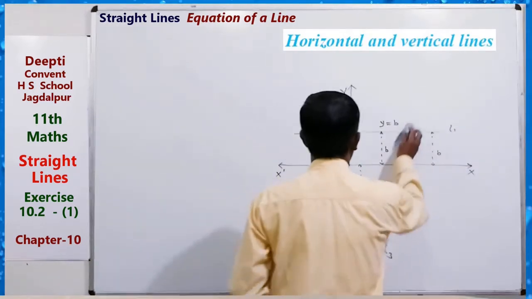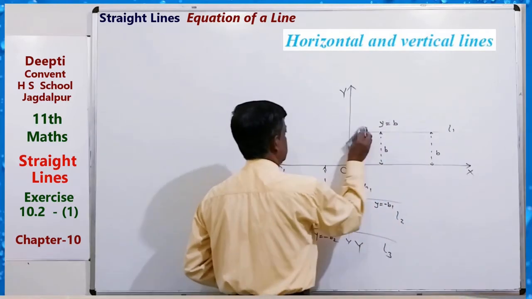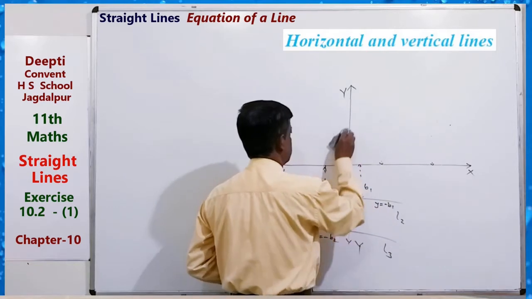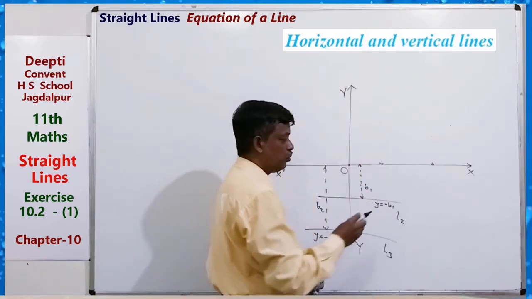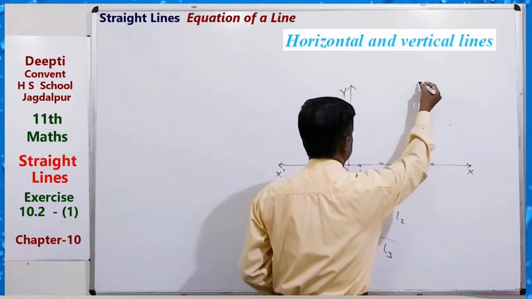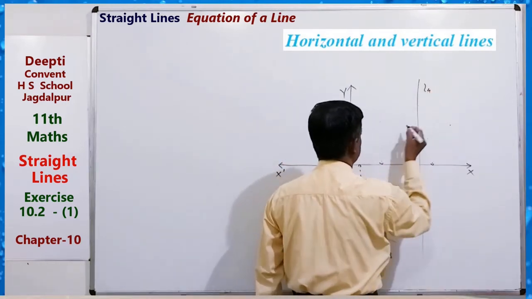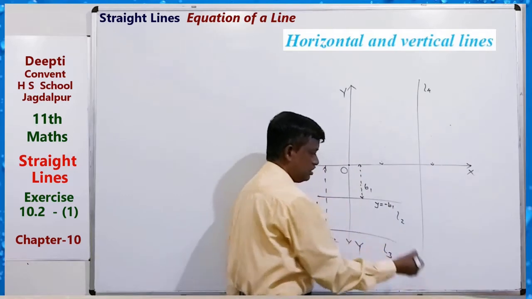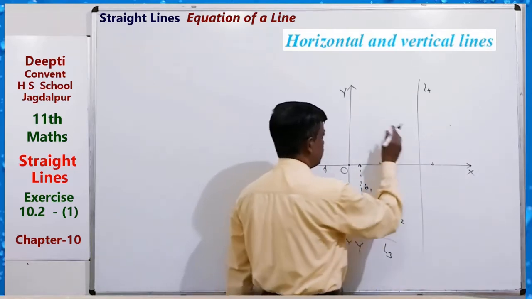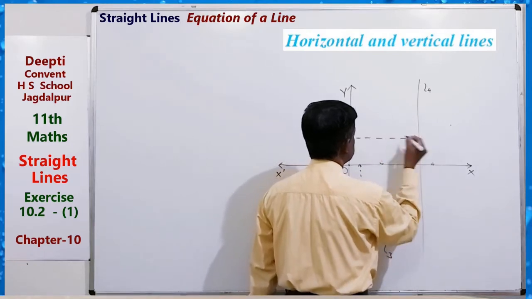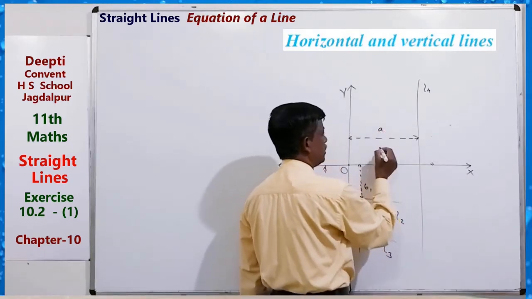We can take a line like this, parallel to the y-axis. Suppose we have the line L4. At any point on this line L4, we can see the distance. Suppose this distance is A1.